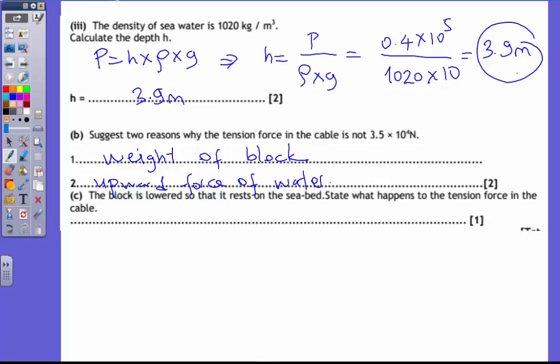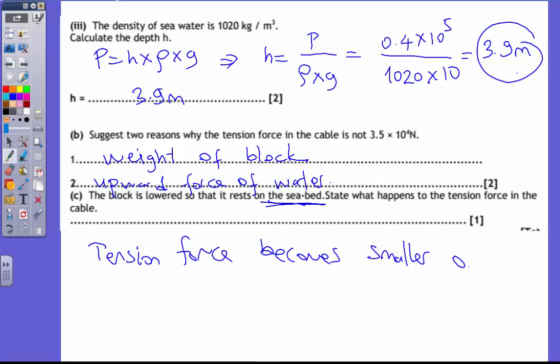Of course, when the block rests on the seabed, the tension force becomes smaller or even equal to 0. But the tension force will reduce.